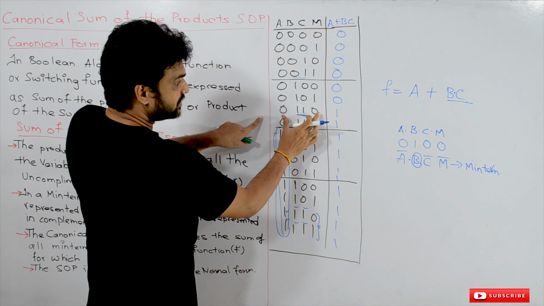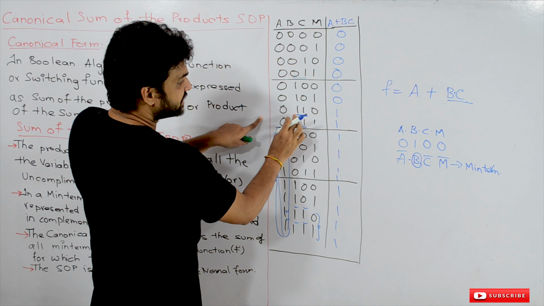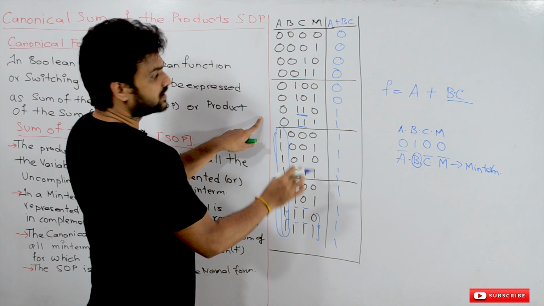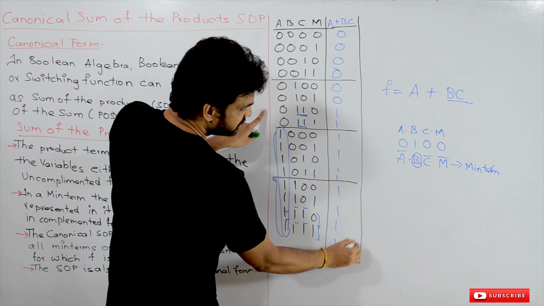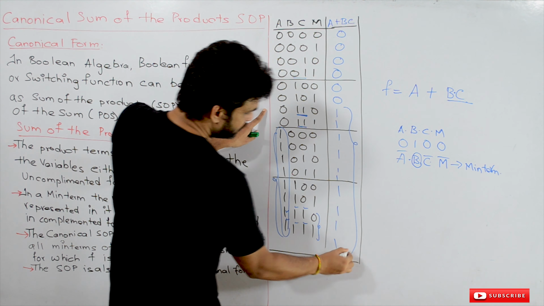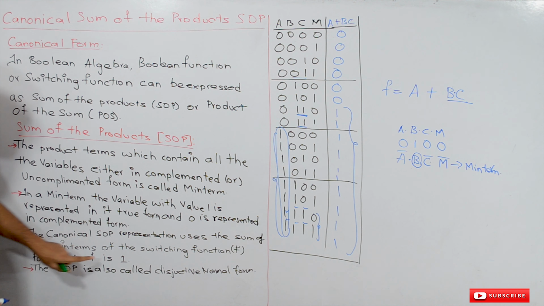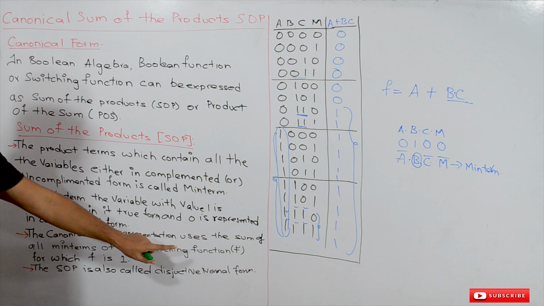So the min term representation of this is a bar, b, c, m bar. Okay, so we have to consider all the min terms of the switching function.